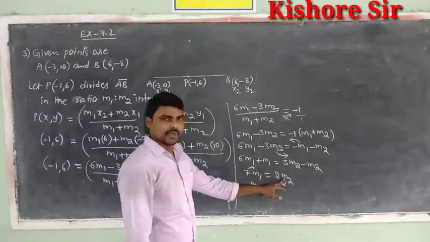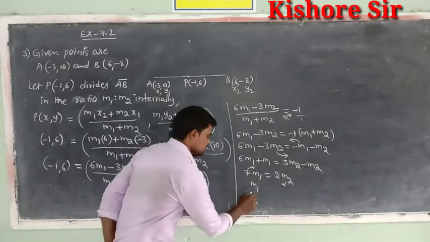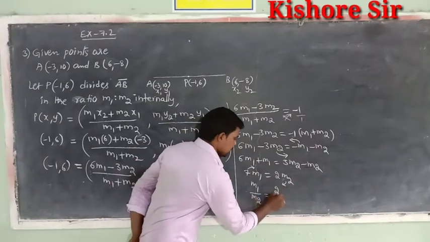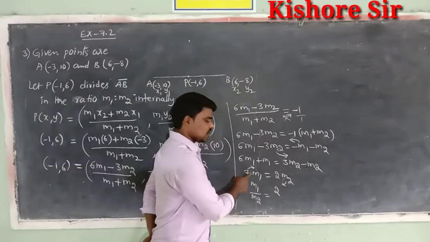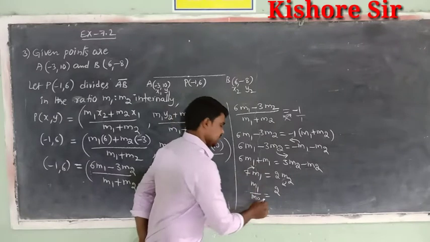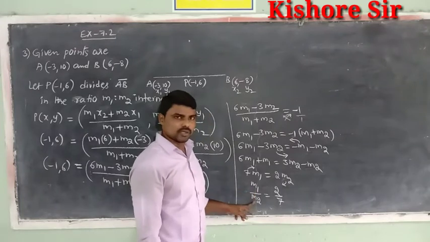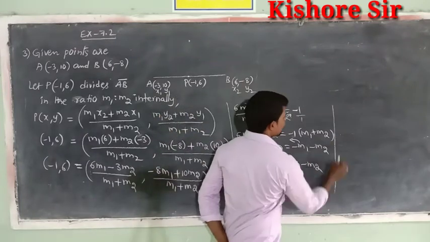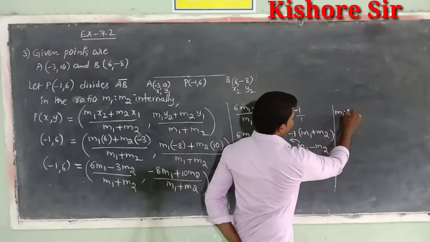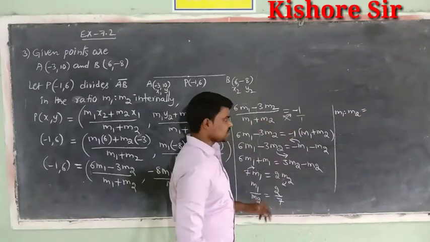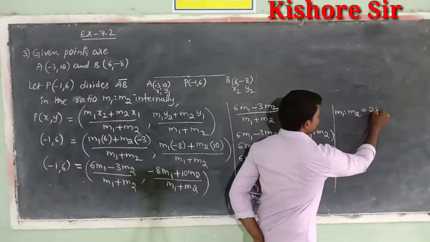So m1 by m2 is equal to 2 by 7. m1 by m2 can be written as m1 is to m2, that equals 2 is to 7.